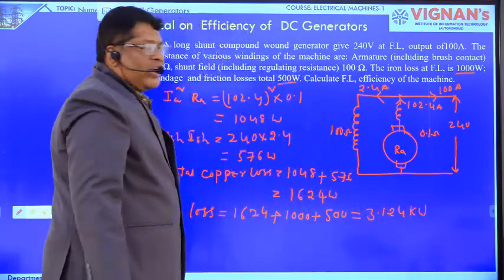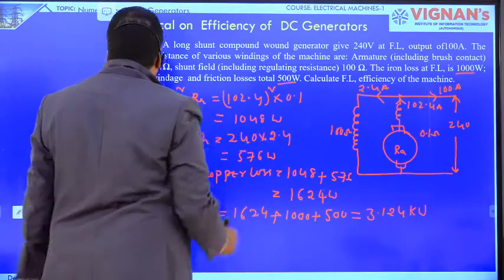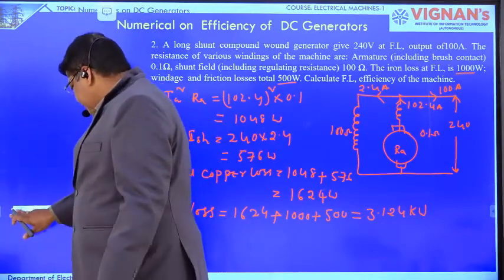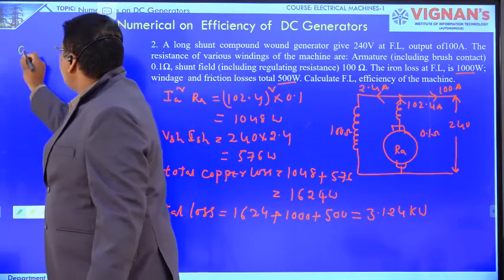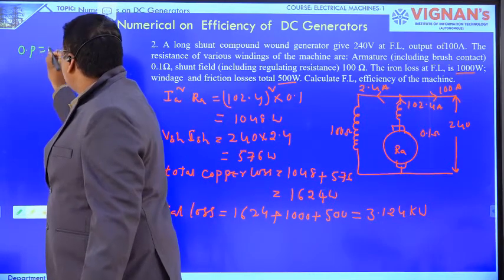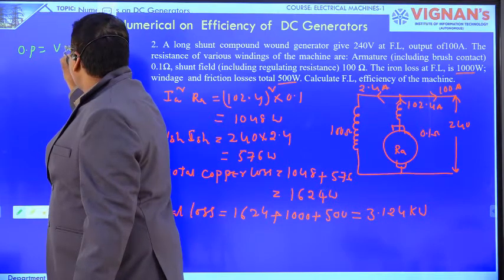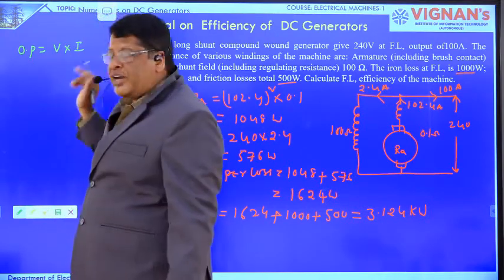Now the output power is V into I, output voltage into current.